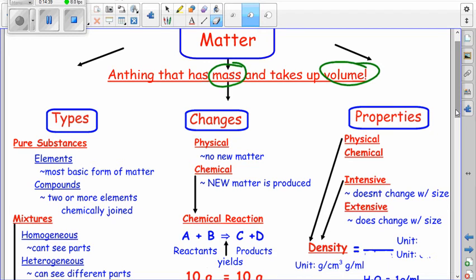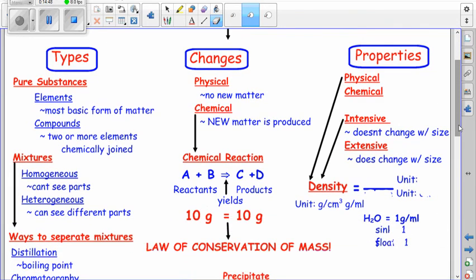Another example, a whole golf ball and a half golf ball do not have the same mass because mass is extensive. And with density, we're talking about mass over volume. The units for mass are grams. The units for volume are centimeters cubed if it's a solid, milliliters if we're talking about a liquid.